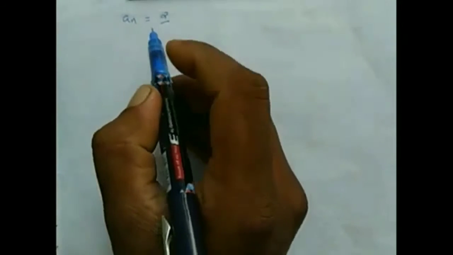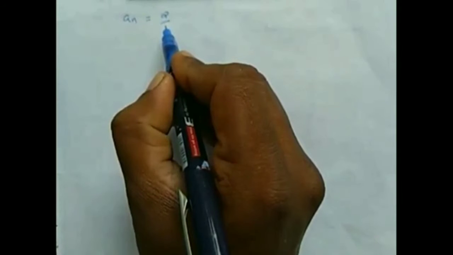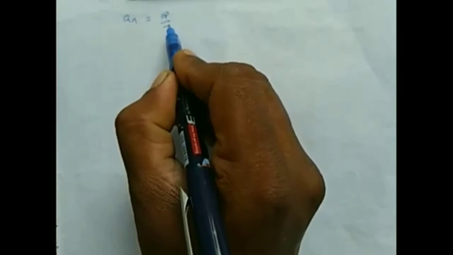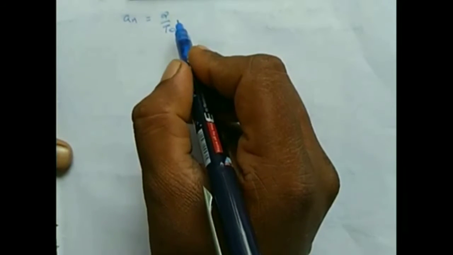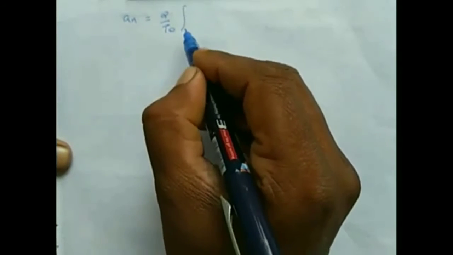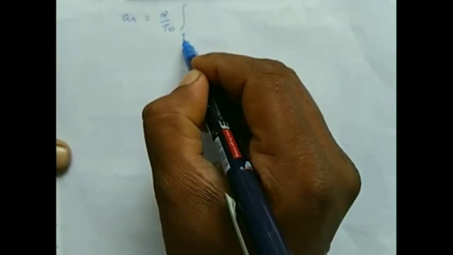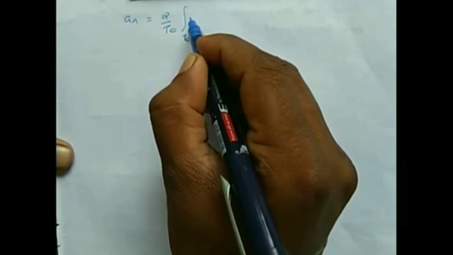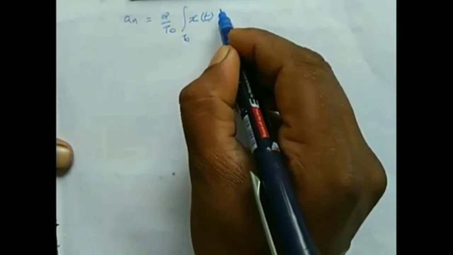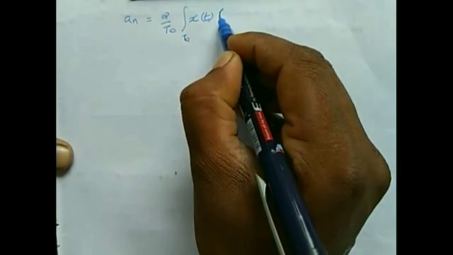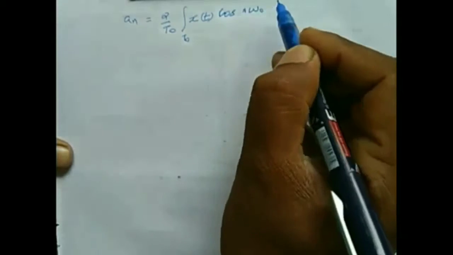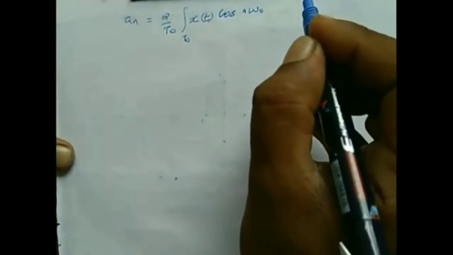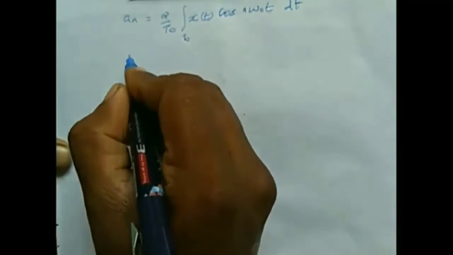where an is equal to 2 by T0, and T0 is 4 here. Anyway, we are going to write the basic equation over T0: an is 2 by T0 integral of x of t cos n omega 0 t dt. This is the basic equation for an.